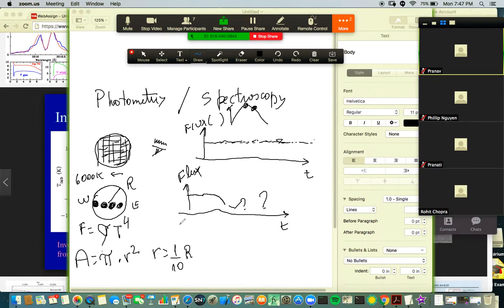So what would be the integrated flux now? Assume this spot is from a gas that represents black body radiation, not 6,000 Kelvin, but 4,000 Kelvin. So the flux of this spot is also sigma T to the fourth, which is 4,000, not 6,000. But what would be the final flux?